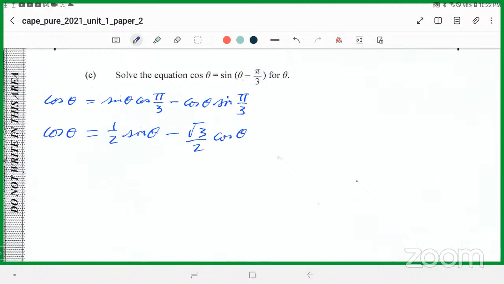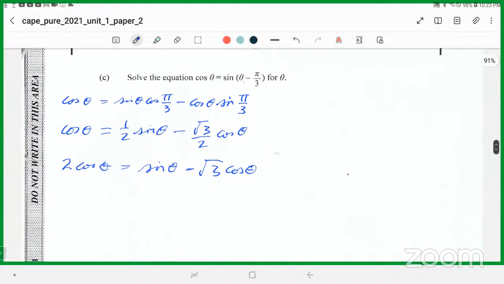Then I'm going to go now, and I can consolidate these two together. I multiply 2 by 2 first, to get rid of that first. And so I'm going to get 2 cos theta equals sine theta minus root 3 cos theta. Now let me tell you something.